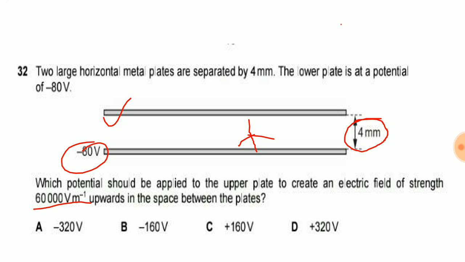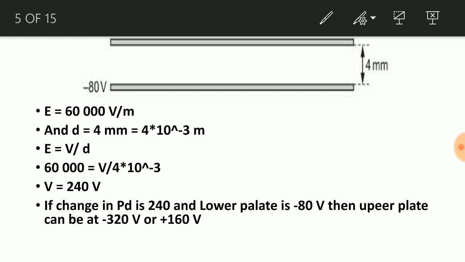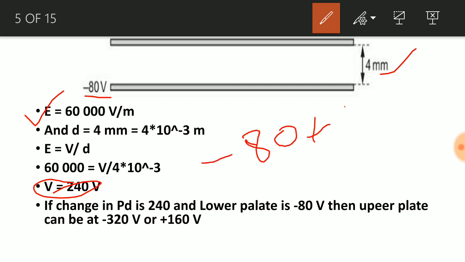Now let us see the calculation for this question. The provided electric field E is equal to this, and our d is 4 mm. Because of that, the potential difference between these 2 plates will be 240 volt. The lower plate is already at minus 80 volt. So our upper plate can be either at minus 80 plus 240 volt or minus 80 minus 240 volt.